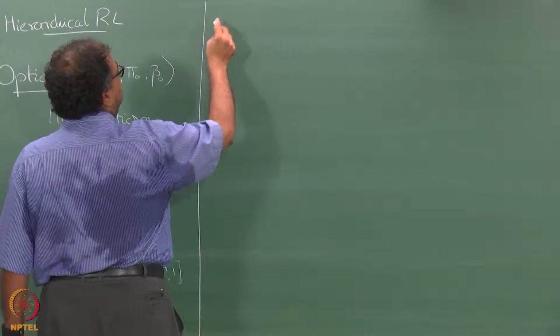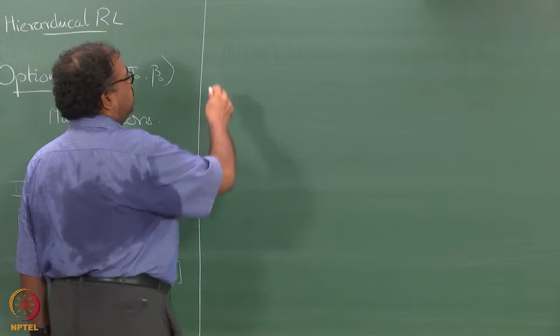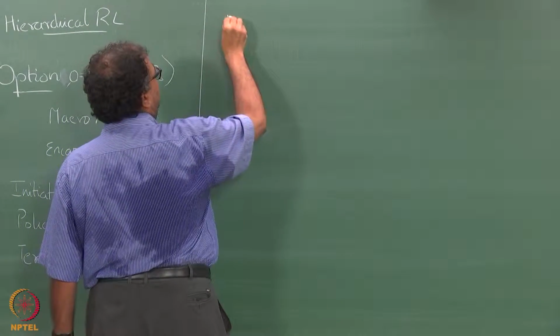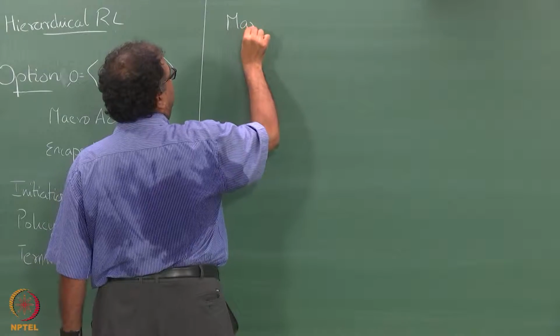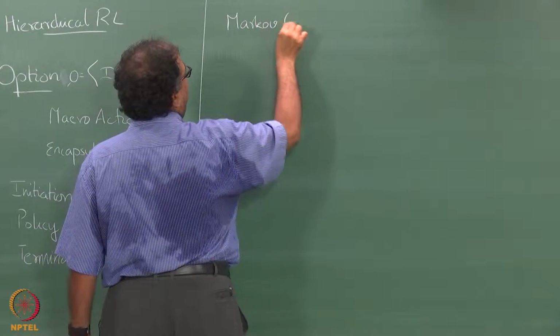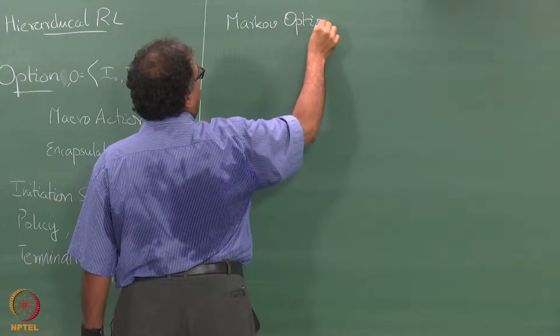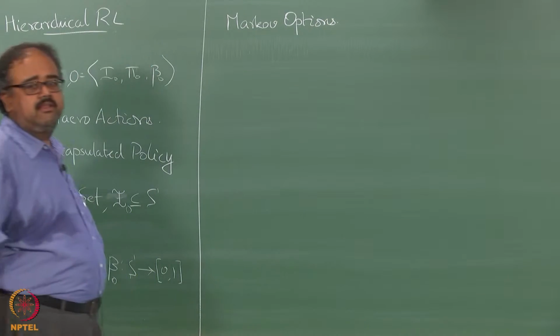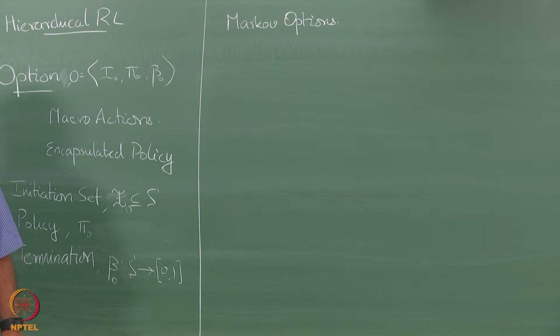So there are two kinds of options. Markov options, which are easy enough to define. So what are Markov options?